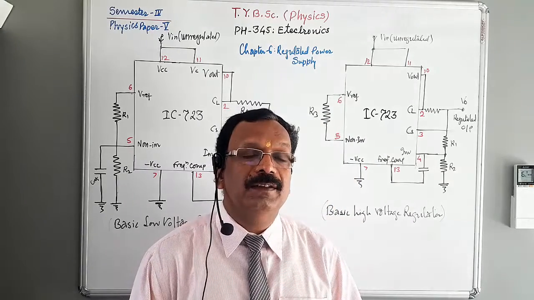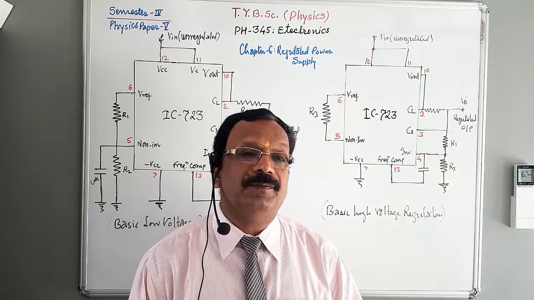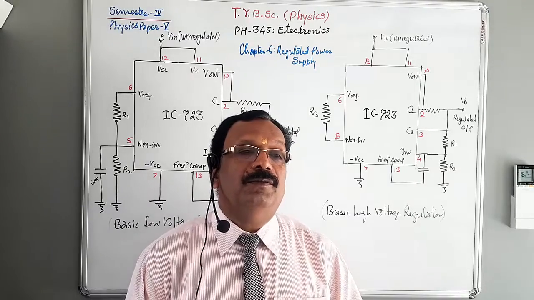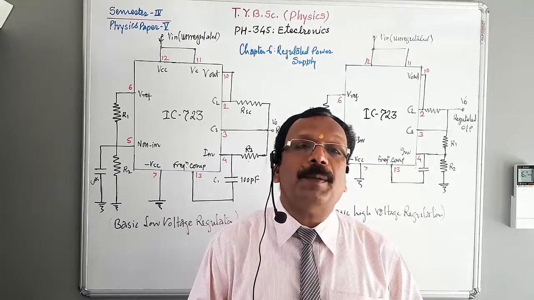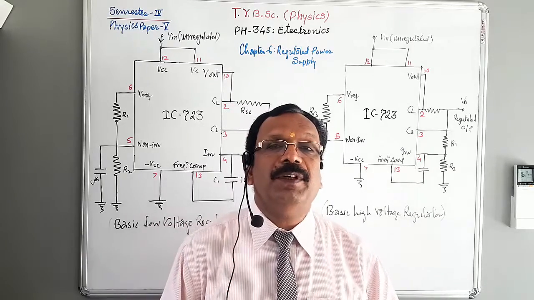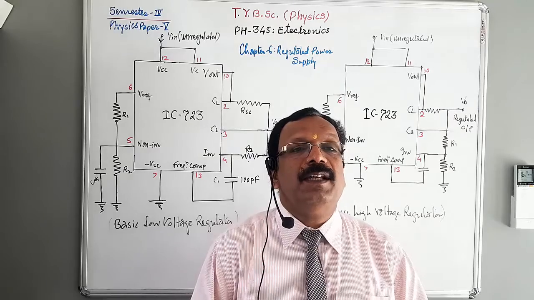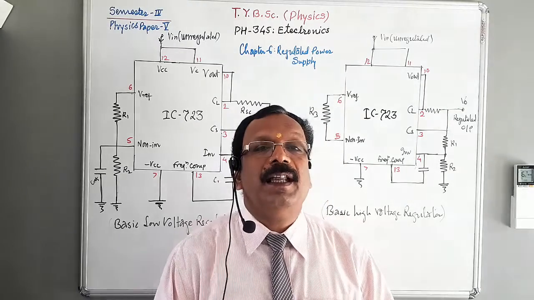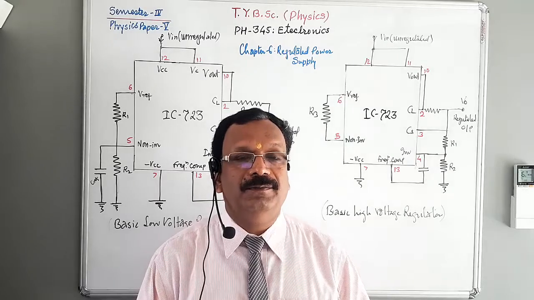We also studied the block diagram of IC 723 in detail. Now in this lecture we are going to see two applications of IC 723. First, IC 723 can be used as a basic low voltage regulator.